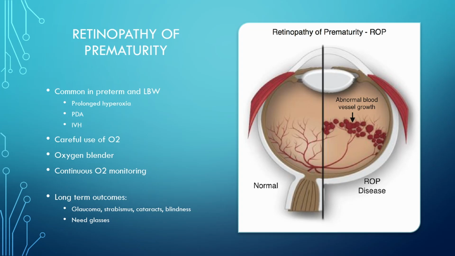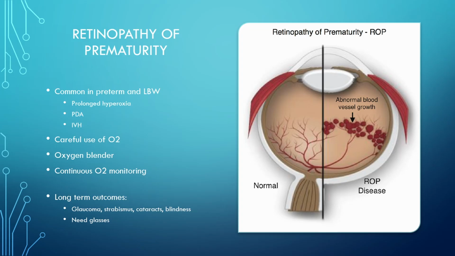Retinopathy of prematurity. This occurs commonly in preterm and low birth weight infants. It's due to giving too much oxygen or a prolonged amount of oxygen to our infants. The retina, it's not completely vascularized, so it's very susceptible to stress or injury.